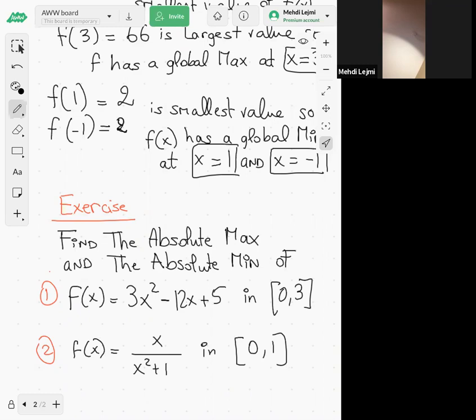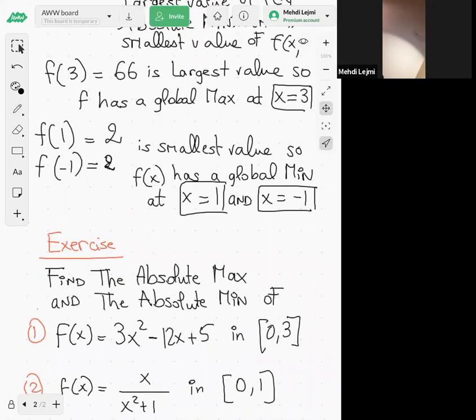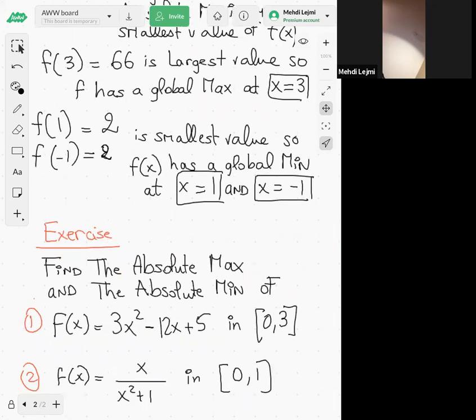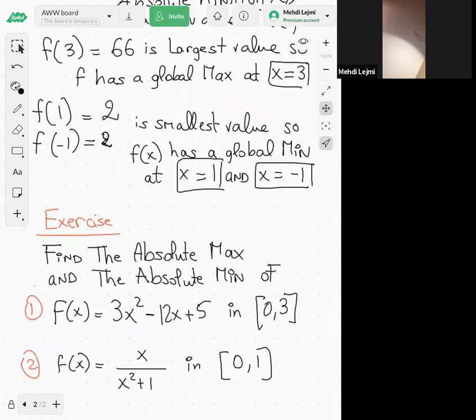Okay, so please, guys, find the absolute maximum and the absolute minimum of these two functions. You can just follow the same steps I had in the example. All right. So you have, let's say, 10, 15 minutes to think about this exercise. And I'm going to be here to answer your questions if you have any.